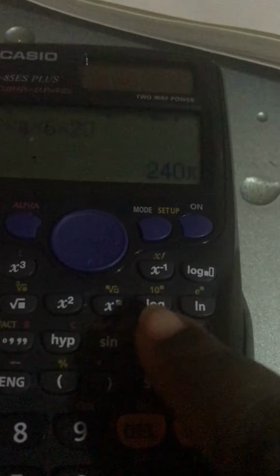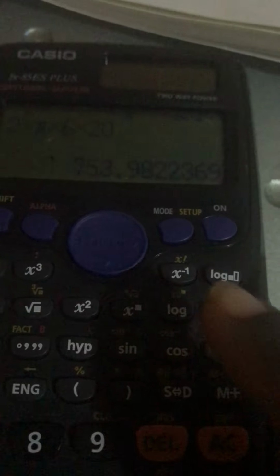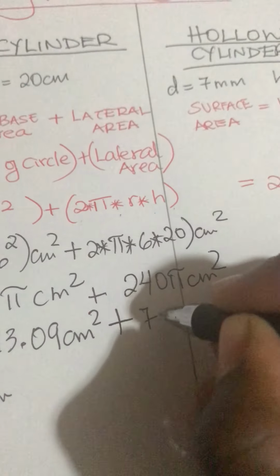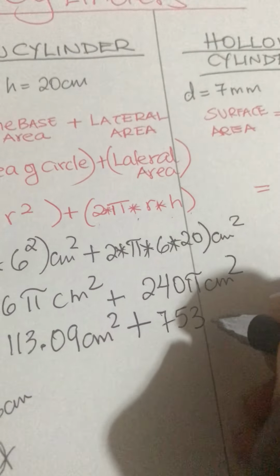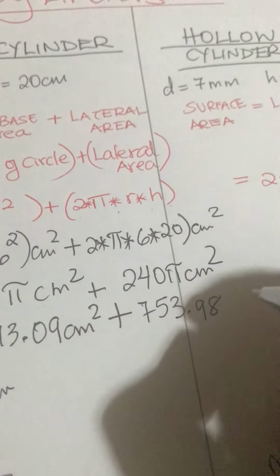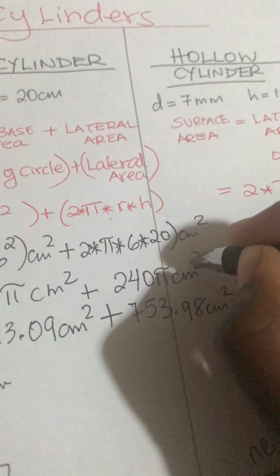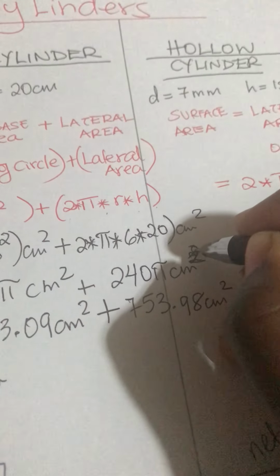Then I press SD and I get 753.98. 753.98 centimeters squared. These two must be small. Don't make it big. Small.